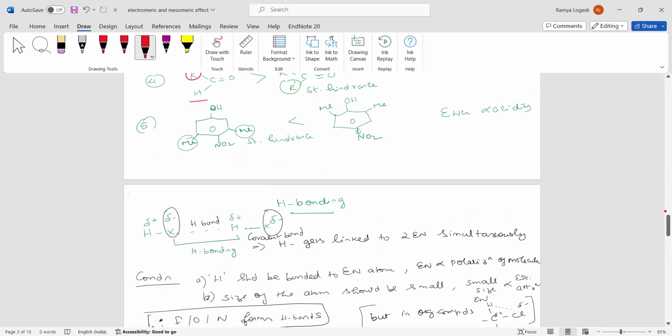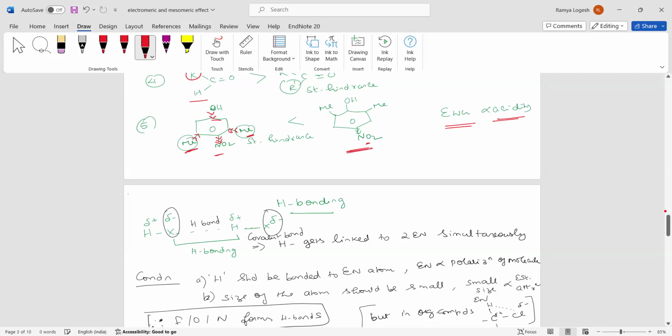Going for the next one, which is more acidic? You know, an electron withdrawing group increases the acidity. So the nitro group is present in both the things, but still I have two methyl groups. In the last class, I told you this example. Two methyl groups are there. Methyls themselves are electron donors. So when the nitro tries to pull its electrons, the electronic shift from this O to reach nitro is very difficult because two methyls are already there.